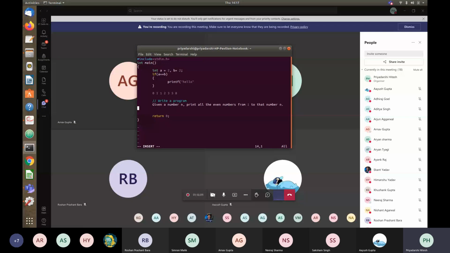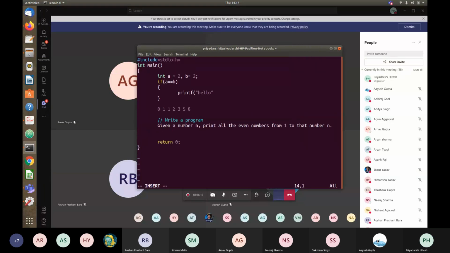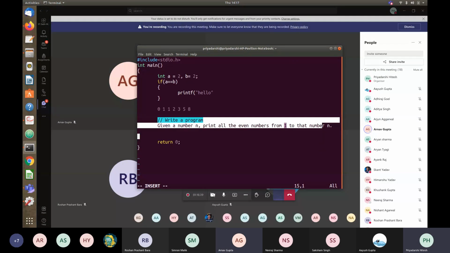Okay, can you see the question? Yes. So everybody, please code it, and do it using a while loop. You don't have to use a for loop.